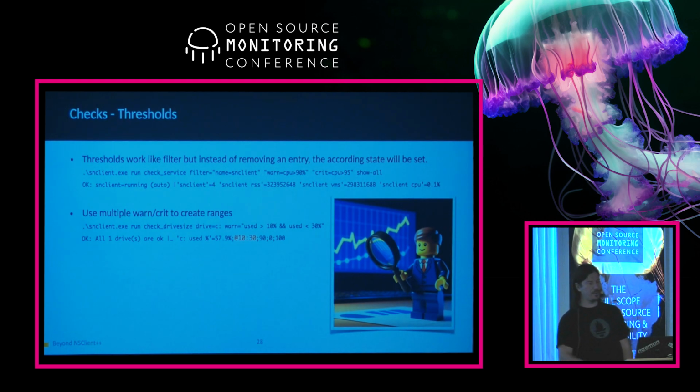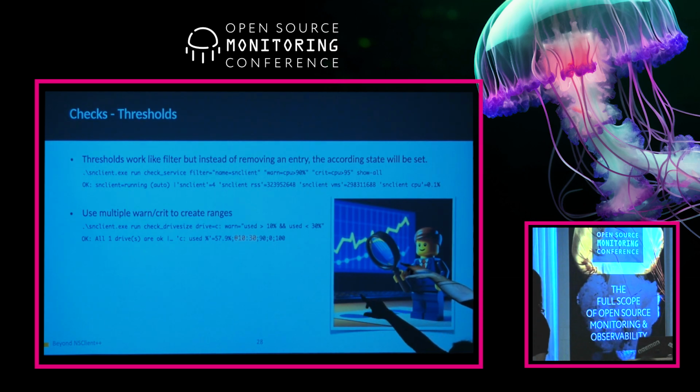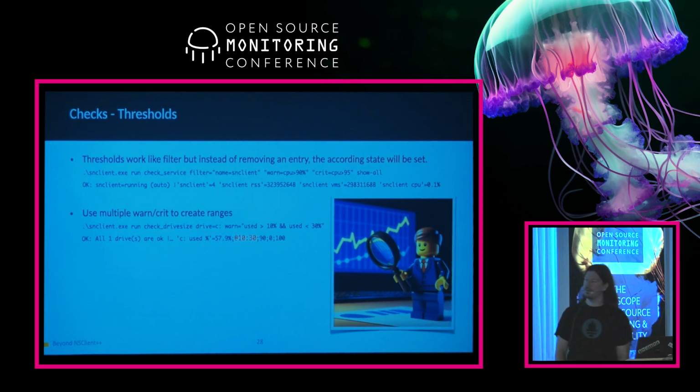And the new thing is, if you have multiple thresholds, SNClient will try to figure out if this could be a threshold range, like it is possible in the usual monitoring plugins. I mean, this example doesn't make sense, but if you have two thresholds for the same attribute, like this: used must be bigger than 10% and less than 30%.